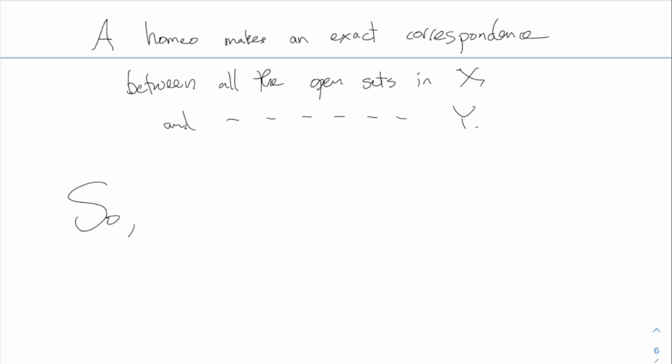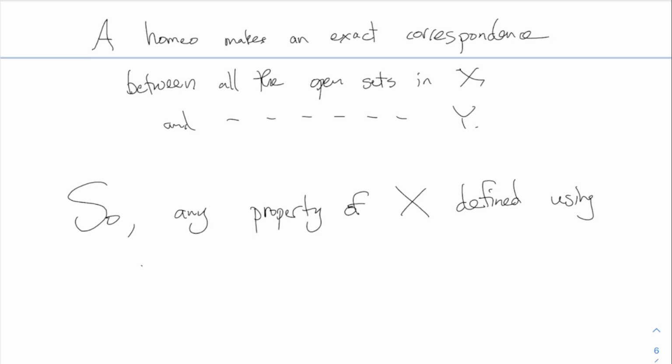any property of X defined using open sets must be the same for Y. For example, if X and Y are homeomorphic and X uses the discrete topology, that means every set of X is open, automatically Y must also have the discrete topology, because a homeomorphism is a correspondence between all the open sets from the one with all the open sets from the other.